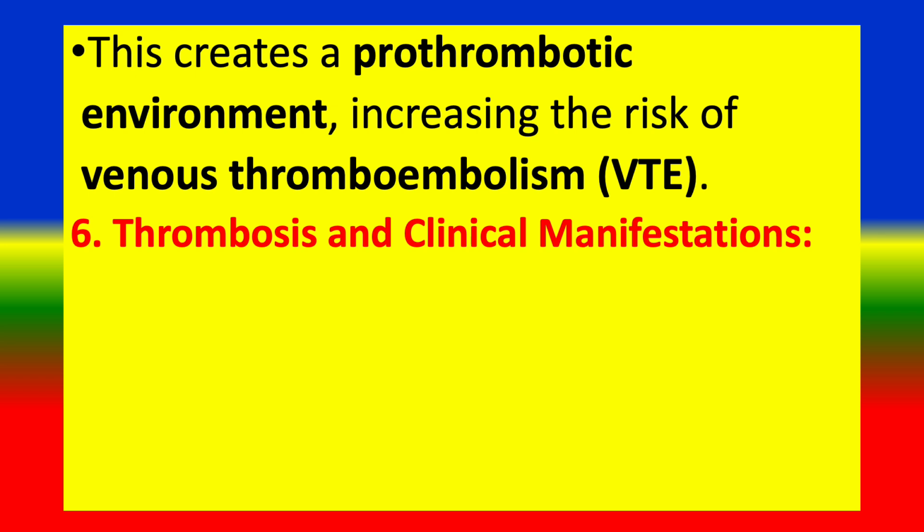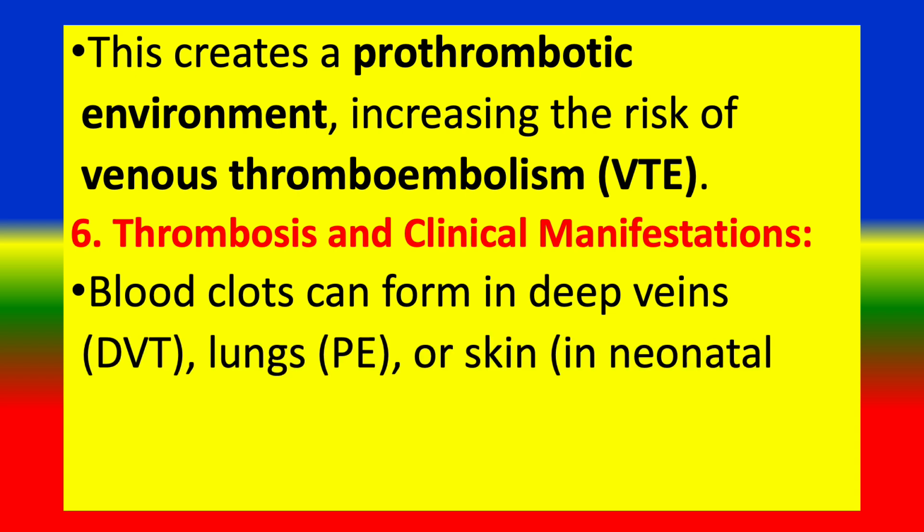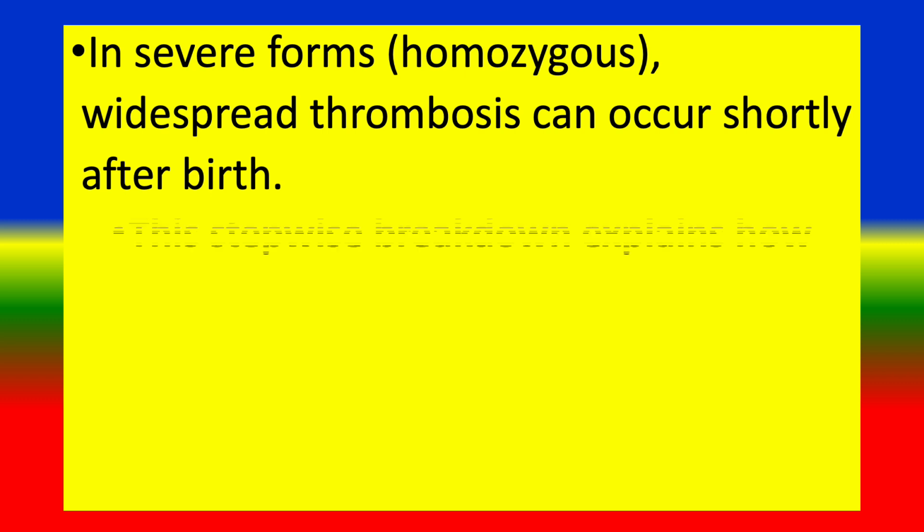6. Thrombosis and clinical manifestations. Blood clots can form in deep veins, DVT, lung, PE, or skin. In neonatal purpura fulminans, in severe forms, homozygous, widespread thrombosis can occur shortly after birth.